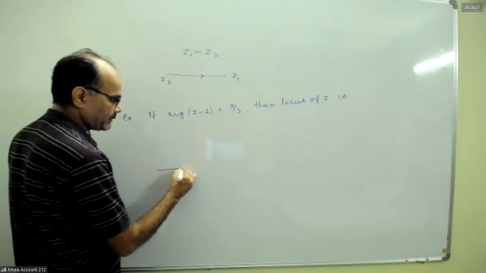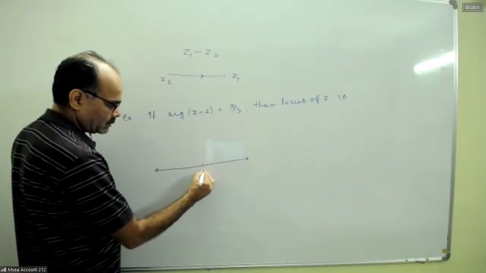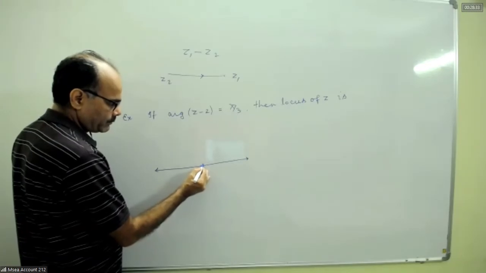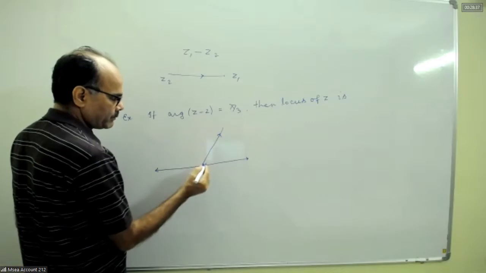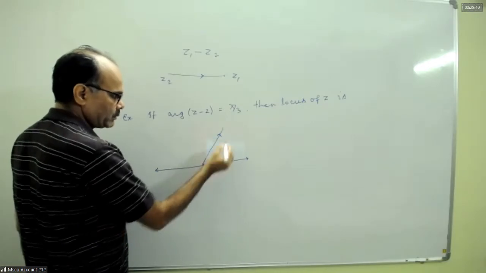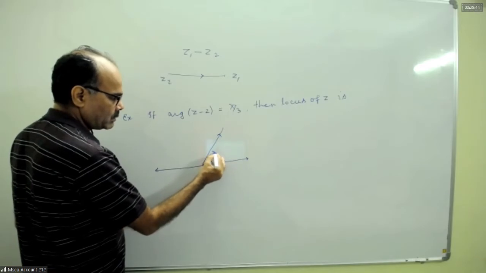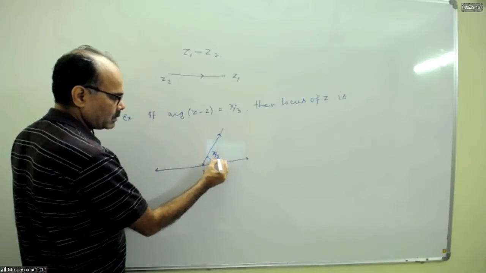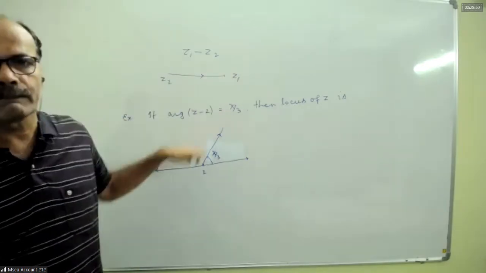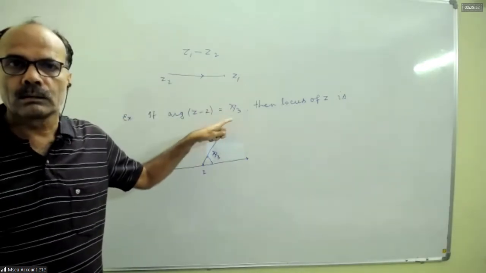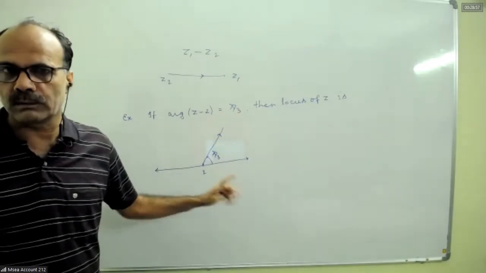What will be the vector Z minus 2? 2 is somewhere on the real line. This is 2. Z is somewhere, this angle is pi by 3. If Z is anywhere on this ray, the angle between the vector Z minus 2 and positive x-axis will be how much?